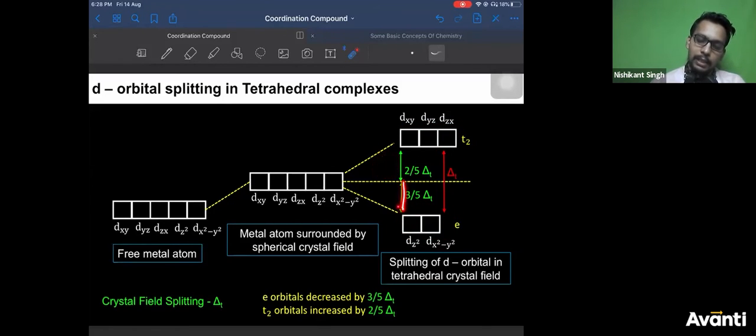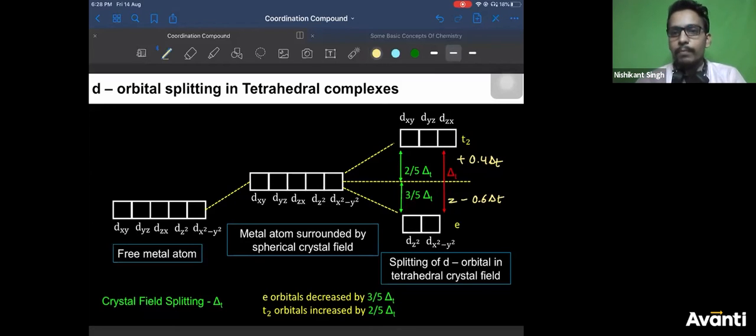Their energy is decreased by these three orbitals, so 3/5 delta T. If you write in terms of decimal, it becomes minus 0.6 delta T, and this becomes plus 0.4 delta T. Rest everything remains the same. No other change in delta T.